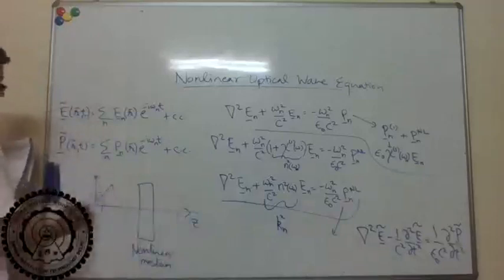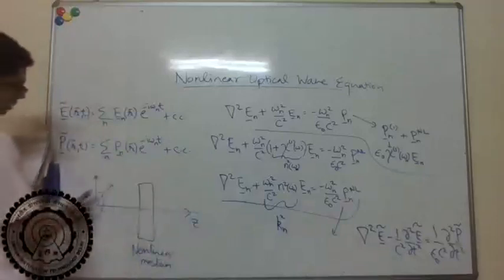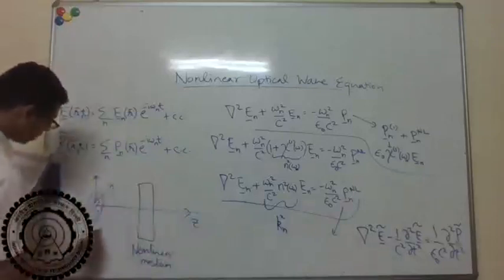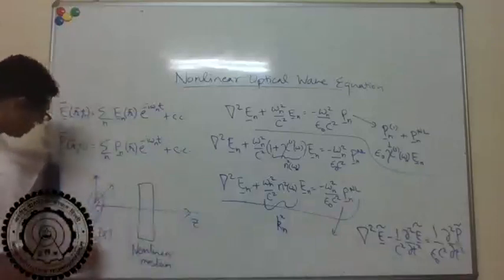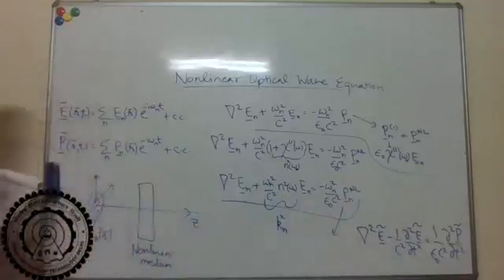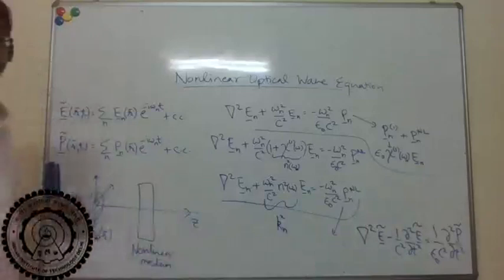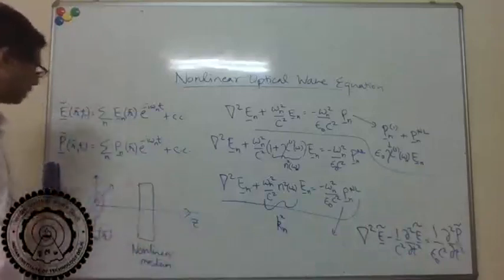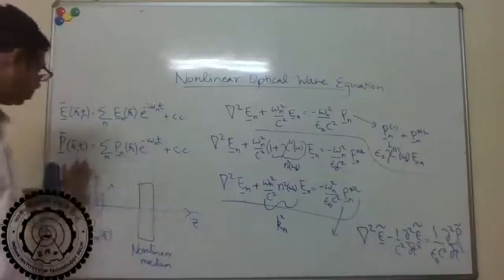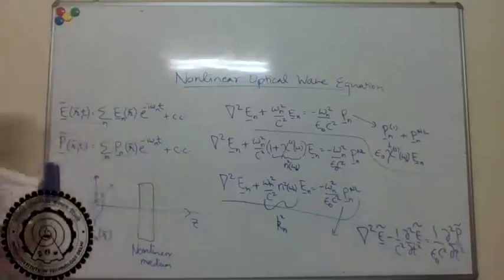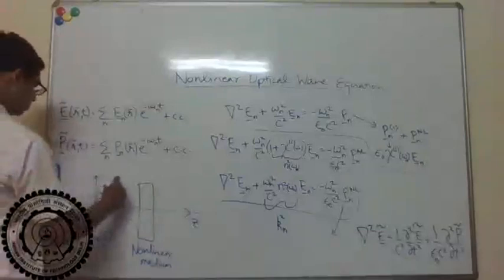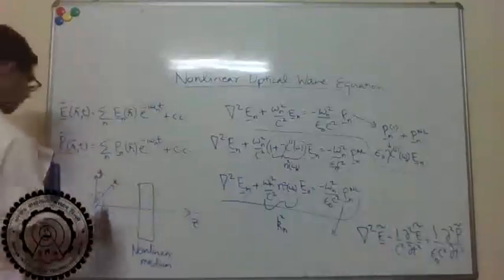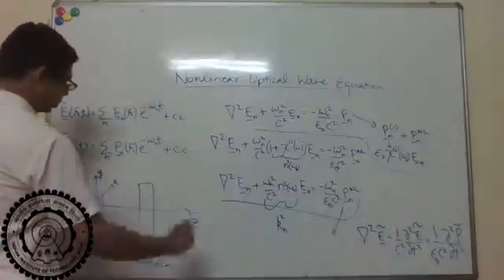It could be a simple plane wave with no profile, or this En of r could be a waveguide mode, like an optical fiber mode, or just a focused beam, whatever. Then we send this beam through the nonlinear medium.